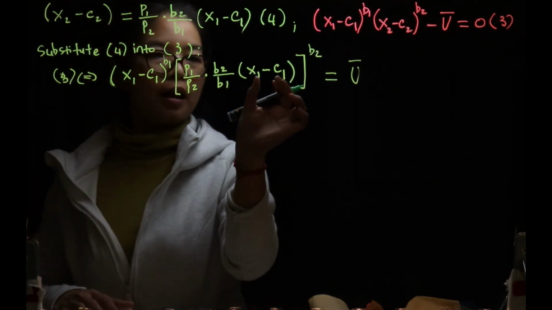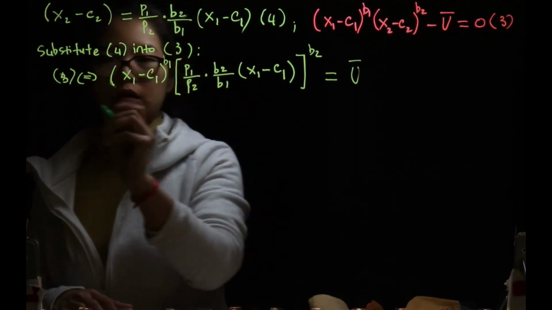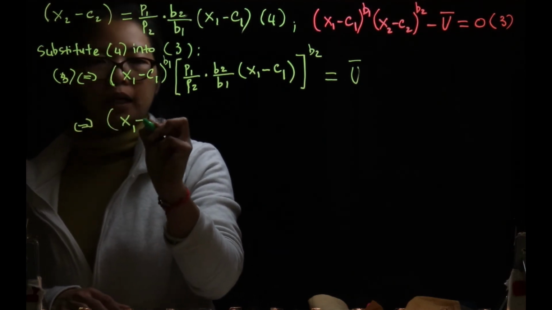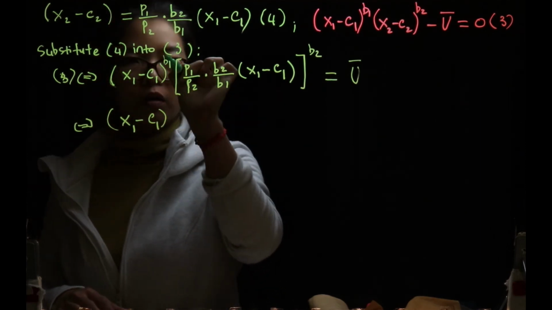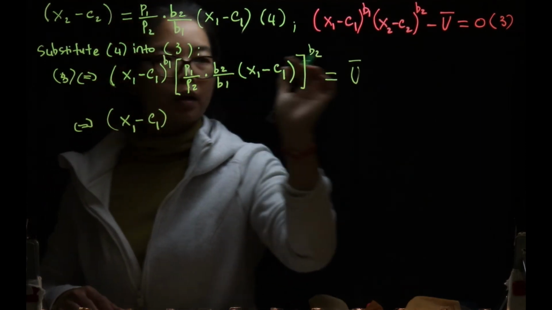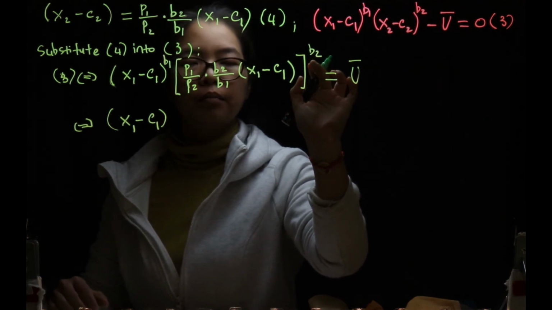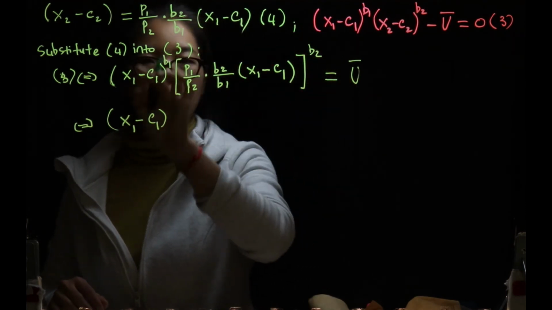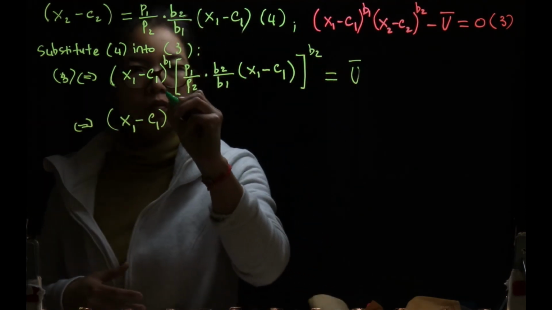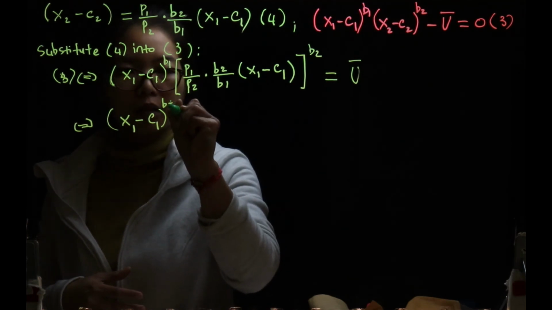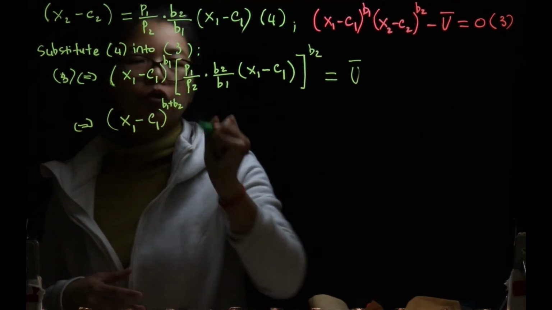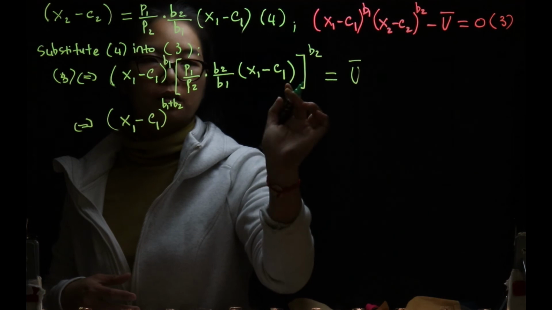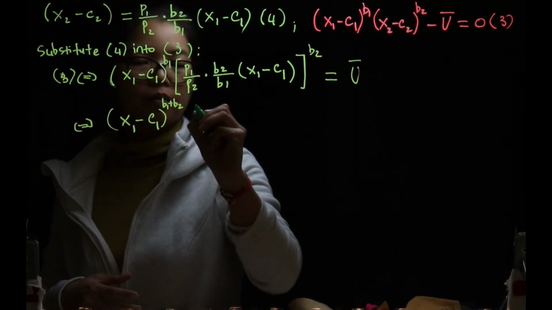Let's factor out x1 minus c1 out there. So we would have x1 minus c1 here to the power of b1 plus b2, right? These two terms times together. That means you sum up the exponent. So b1 plus b2. And then the whole term inside except this again to the power of b2.